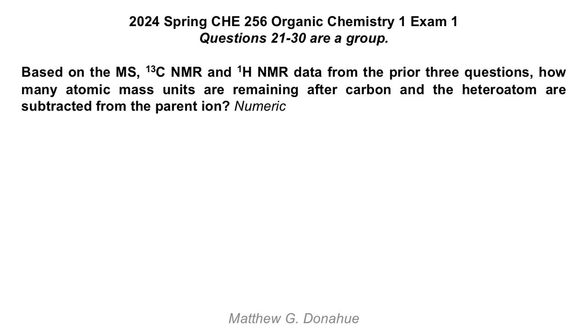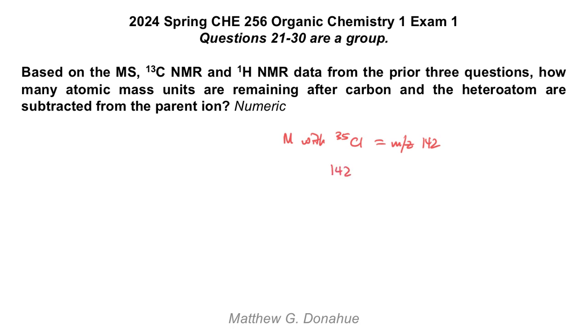How many atomic mass units are remaining after the carbon and heteroatom are subtracted from the parent ion? So we said from the mass of the parent, the parent ion with 35Cl was equal to an m/z of 142.